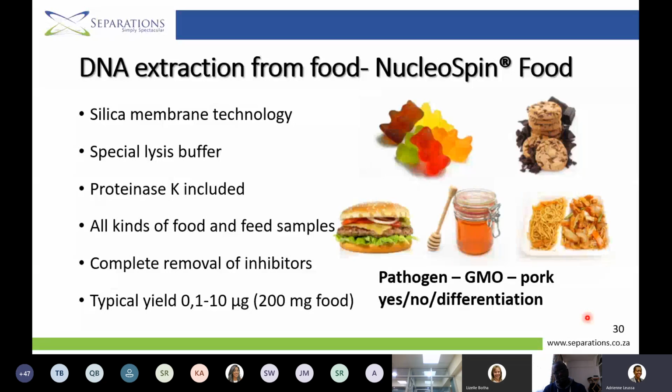And generally, the interest here is identification of pathogens, also differentiating between infectious pathogens and non-infectious strains, looking also at genetically modified organisms, or if you are doing halal food testing. So that is usually the interest for employing the food kit.